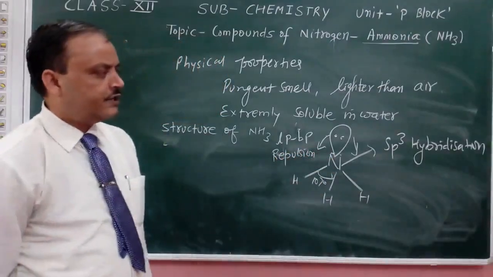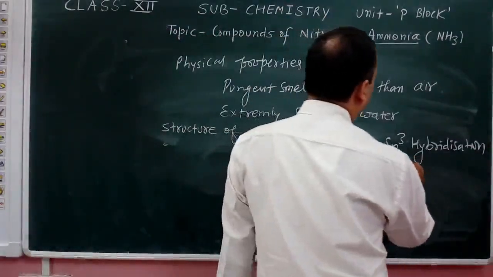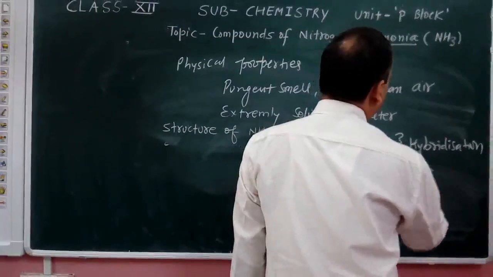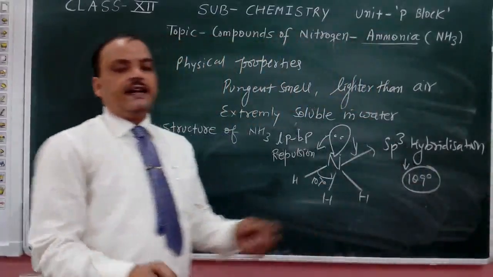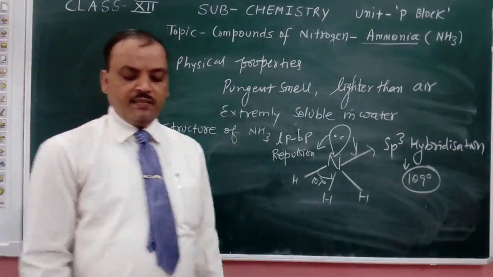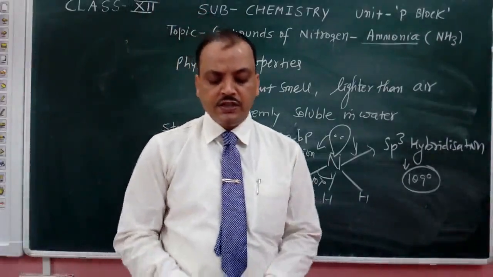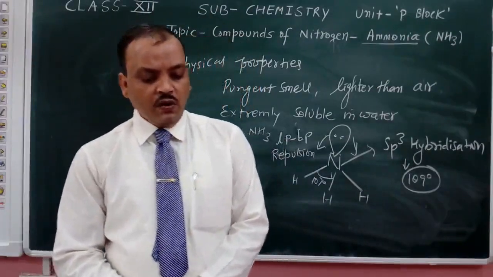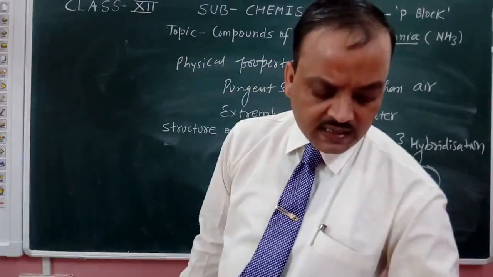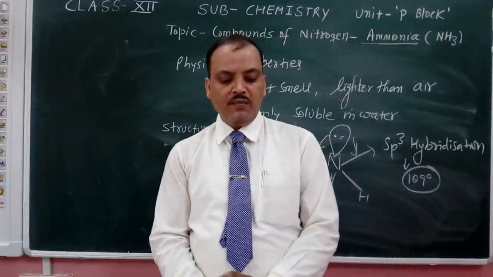Due to the presence of LP-BP repulsion, there is a decrease in the bond angle, and the bond angle gets reduced from 109 degrees to 107 degrees. So these are some general points related to ammonia.